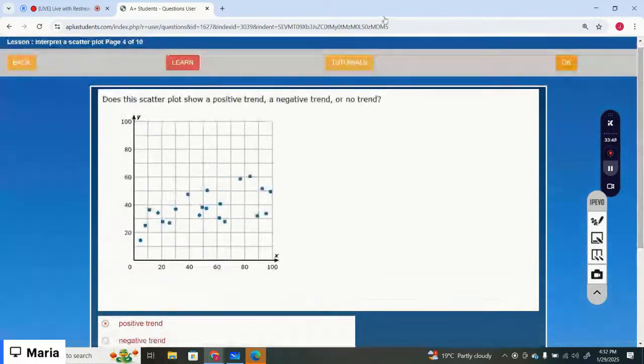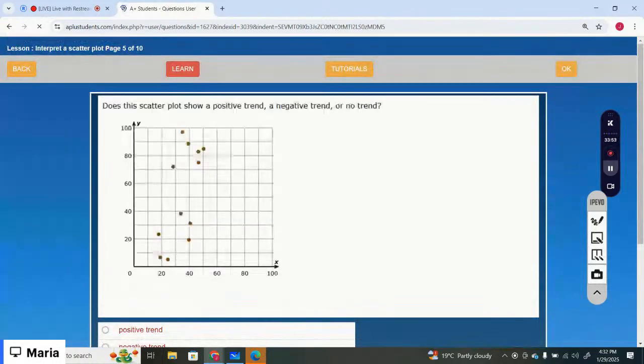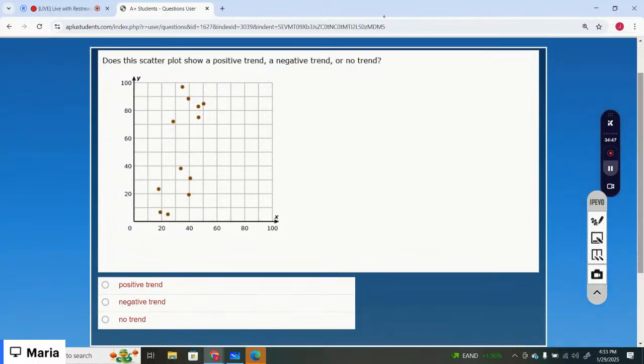Positive trend it is. Option number one is the correct option.